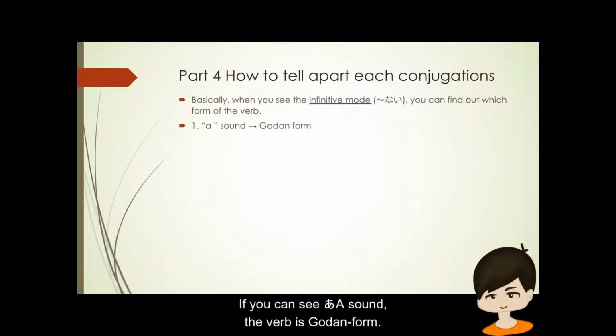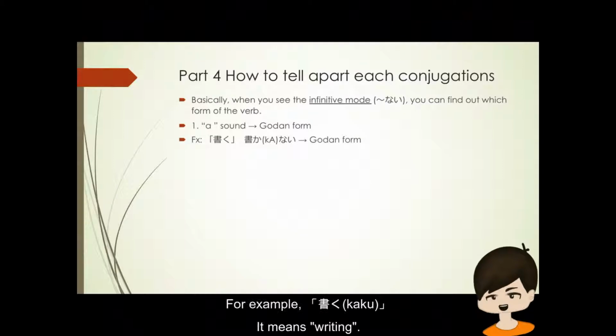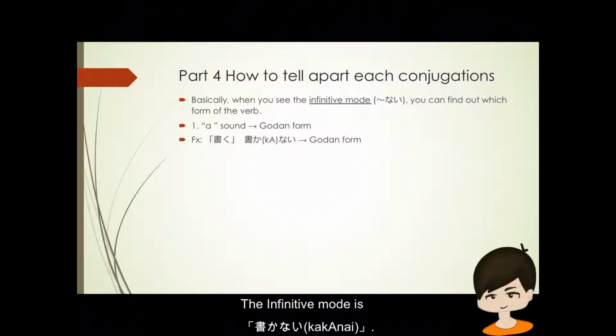First, if you can see A sound, the verb is godan form. For example, 書く, it means writing. The infinitive mode is 書かない, so you can see it's one of the godan forms.